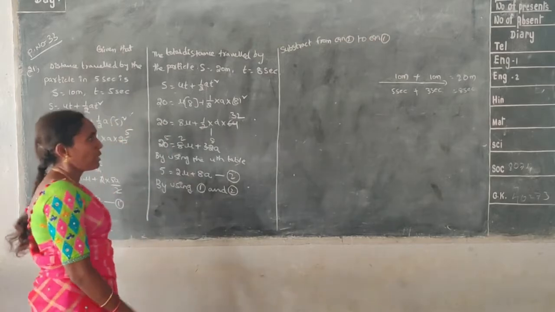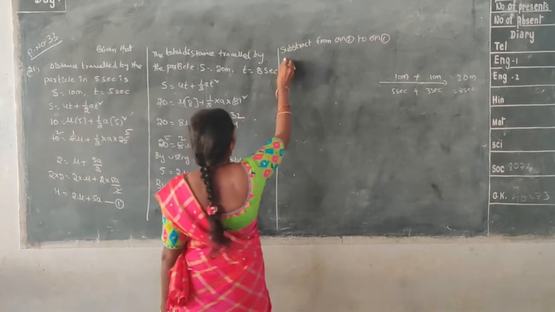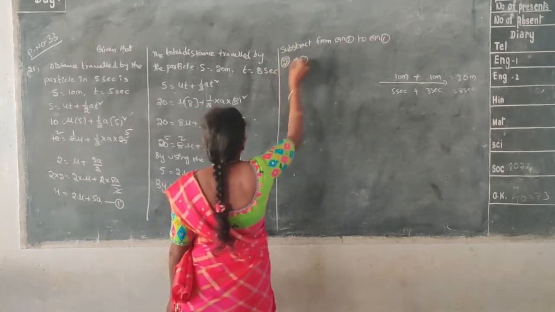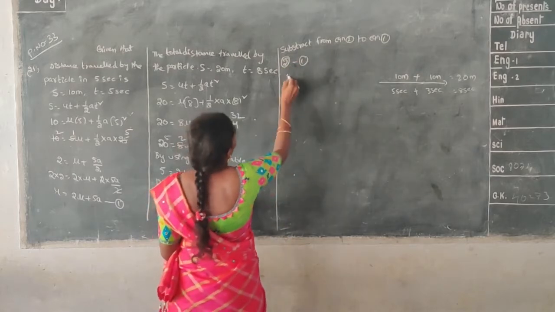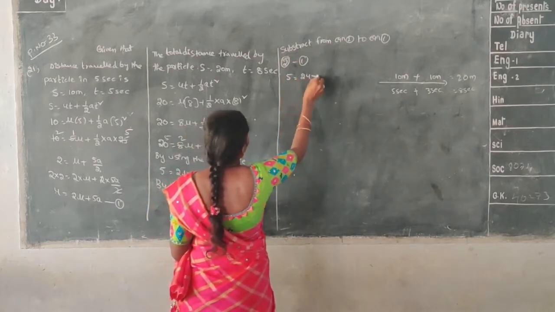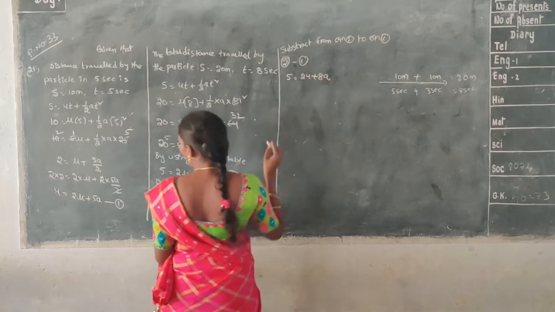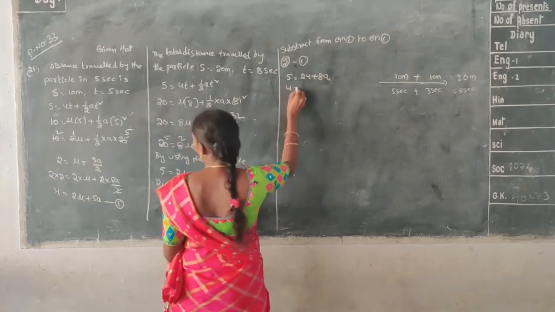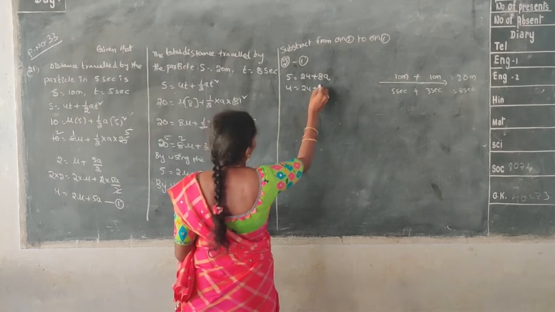Equation 2 means 5 is equal to 2u plus 8a. Equation 1 means 4 is equal to 2u plus 5a.